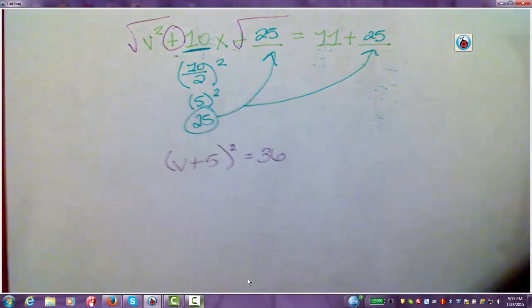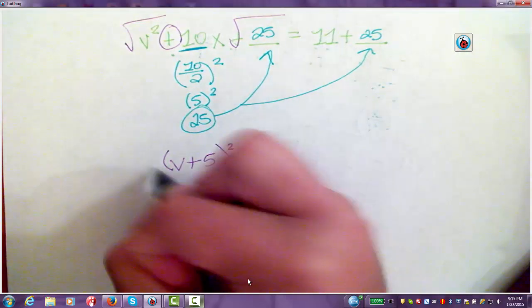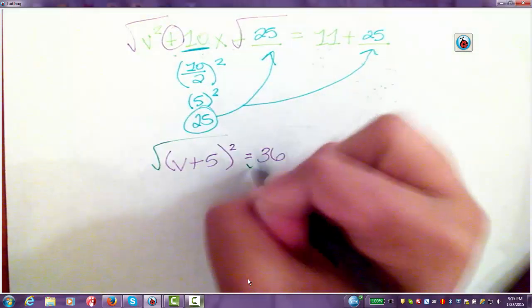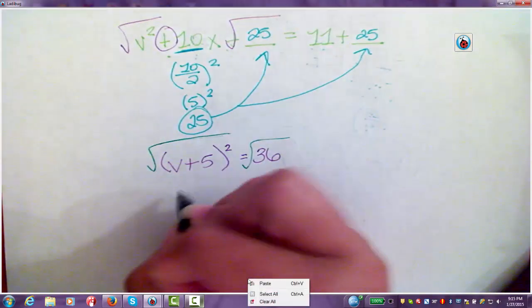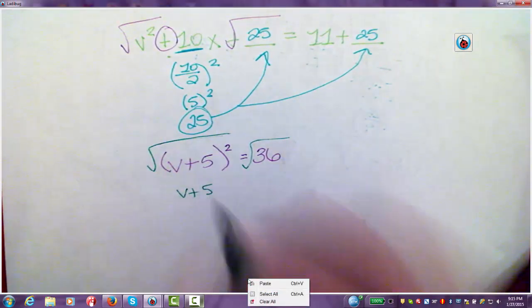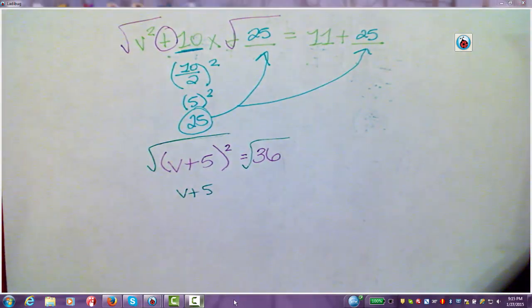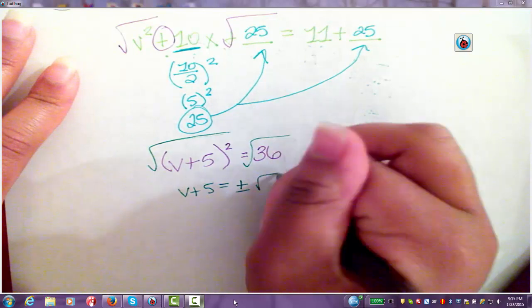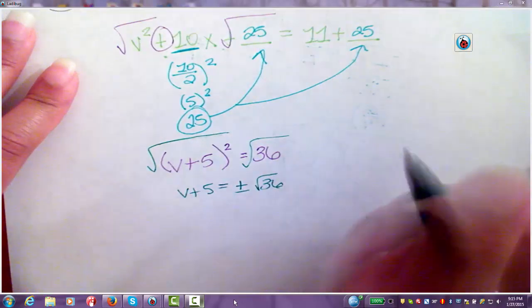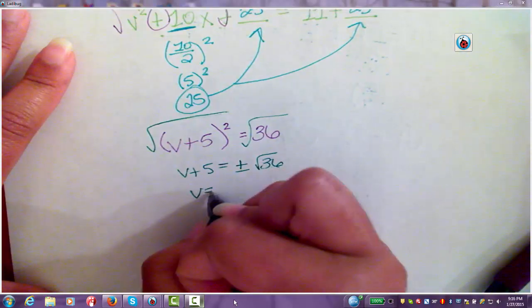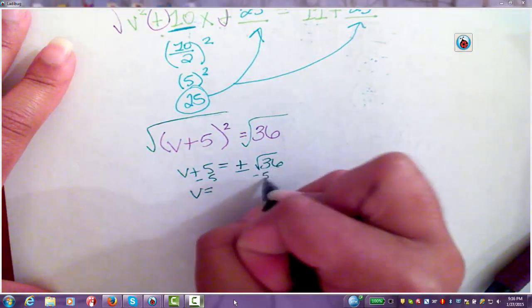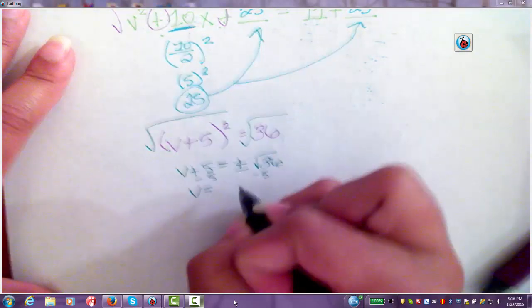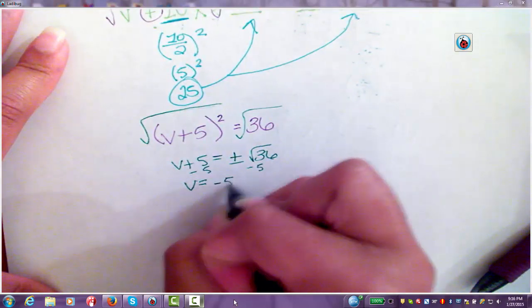So square root both sides. And we get v plus 5 equals plus or minus square root of 36. So we get v equals, we subtract the 5 over, so we get v equals negative 5 plus or minus the square root of 36.